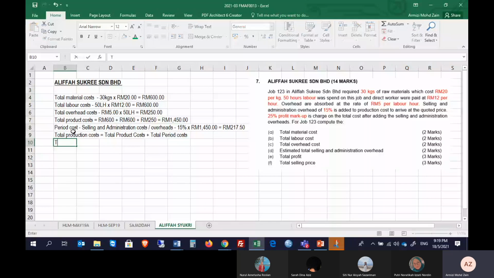Total production cost equal with RM 1450. You need to add RM 217.50. Then we'll get RM 1667.50.